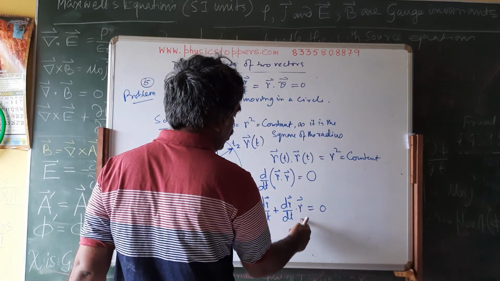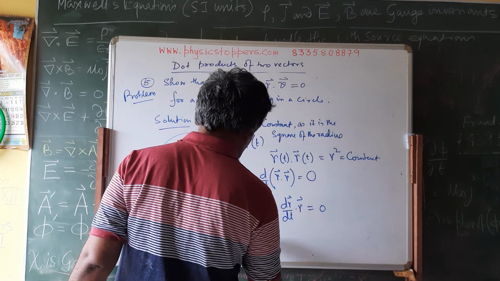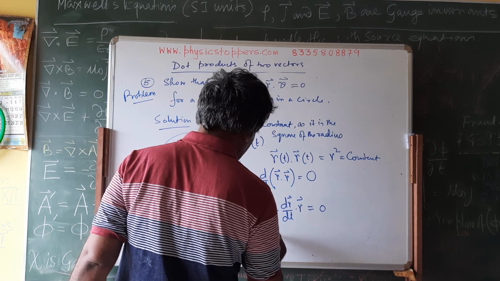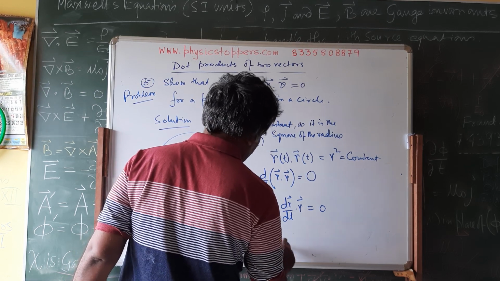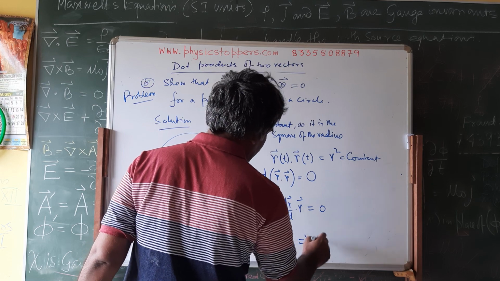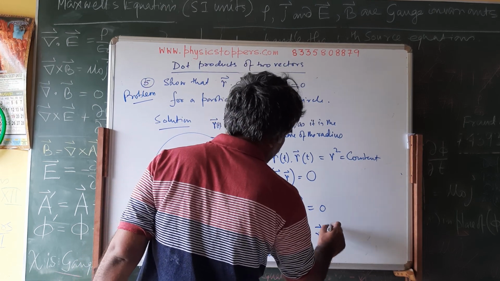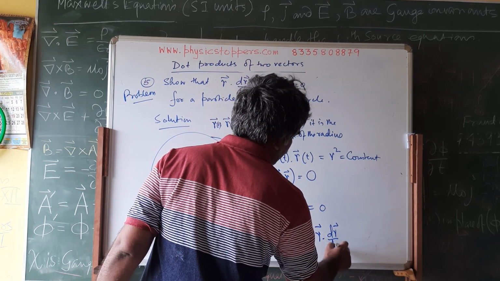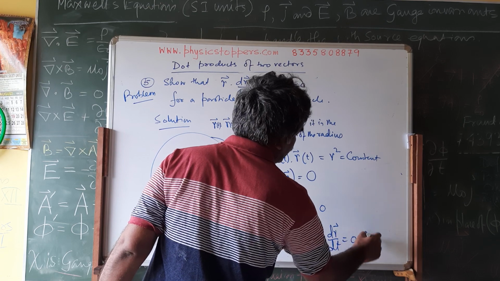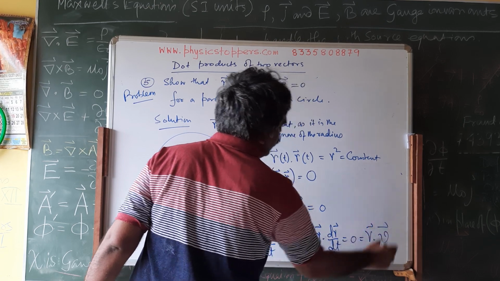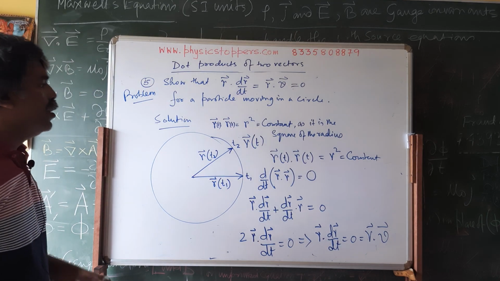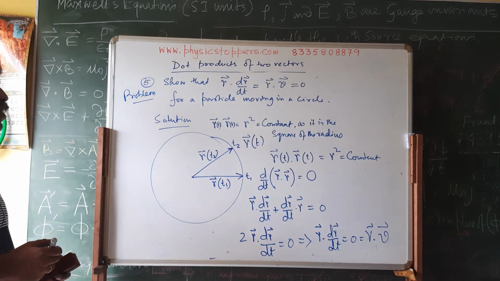So dr/dt dot r is r dot dr/dt. So r dot dr/dt is equal to 0, which is r dot v.